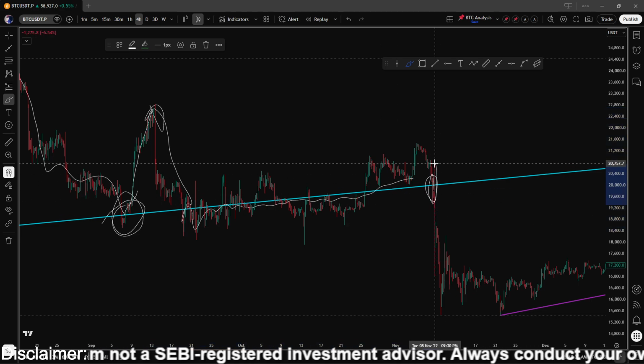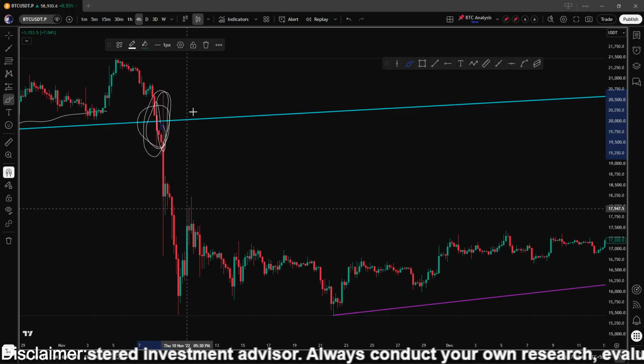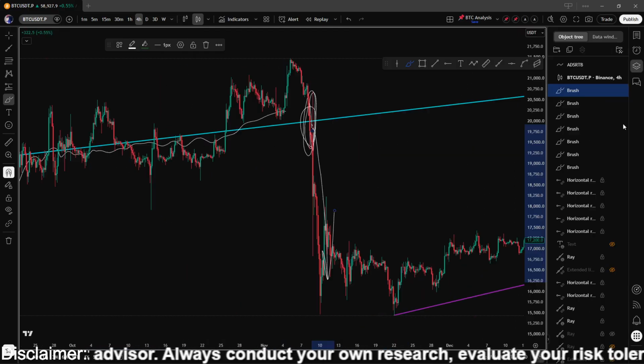And here we have seen a big candle breaking below this level, and then a sharp downside.